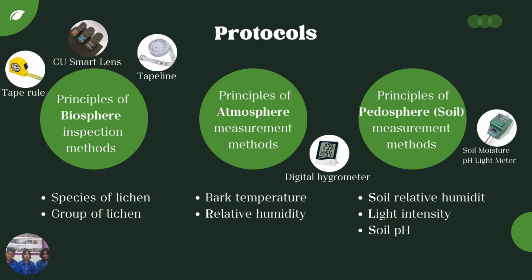Phytosphere or soil measurement: study the physical characteristics of the soil in terms of soil moisture, light intensity, and pH. Use the soil moisture pH light meter to probe the soil and press the button to adjust to the desired mode. On the left is the moisture content of the soil, as shown in the result in the second row of the screen.